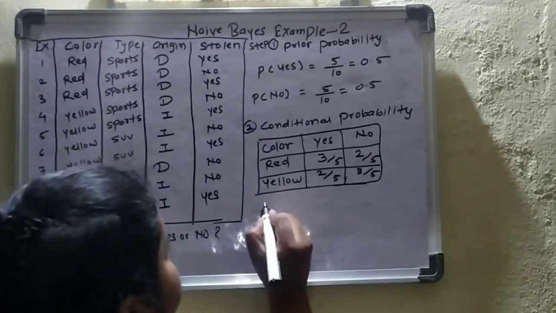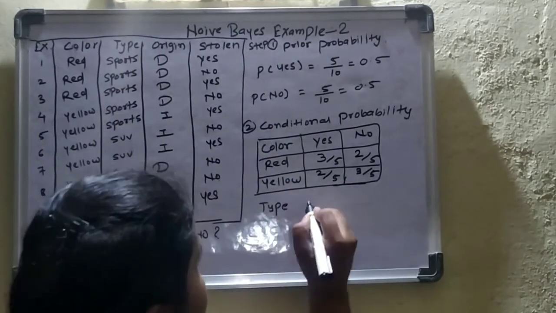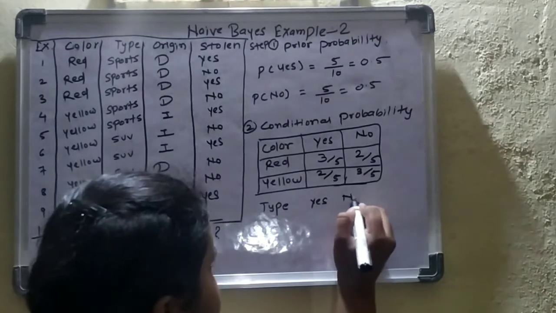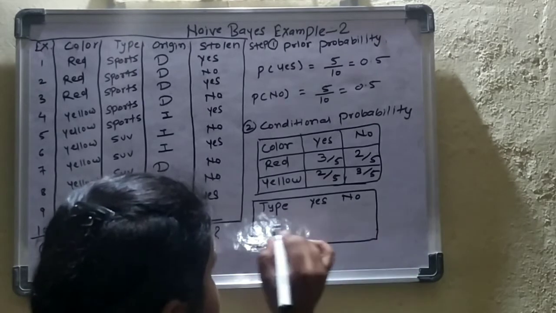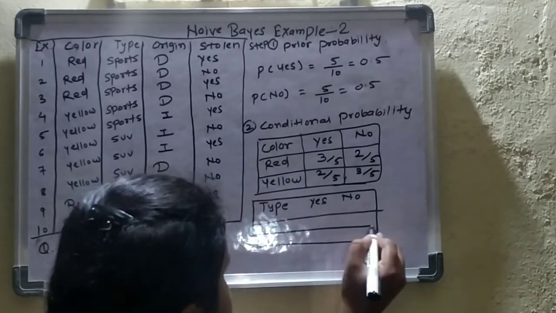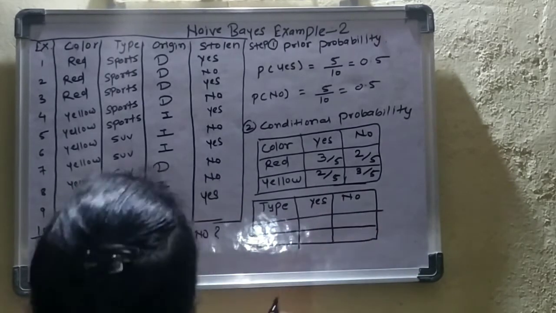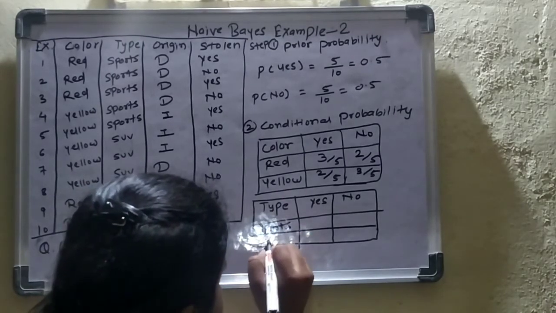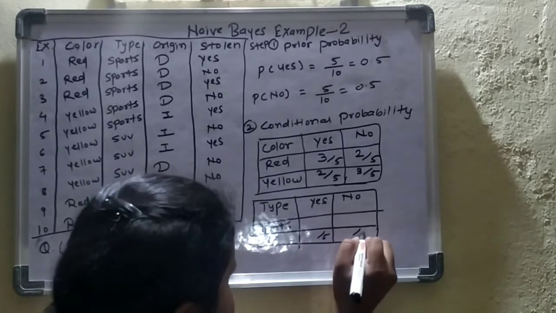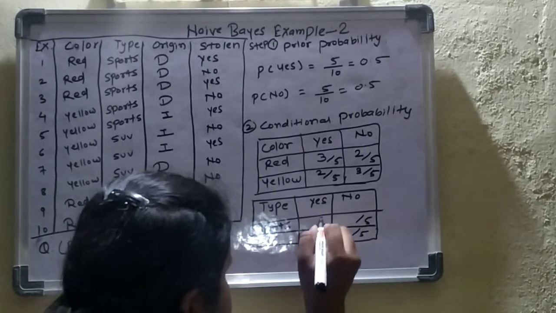Now we will do the same thing for the type. First is sports, next is SUV. In the denominator it will be already 5.